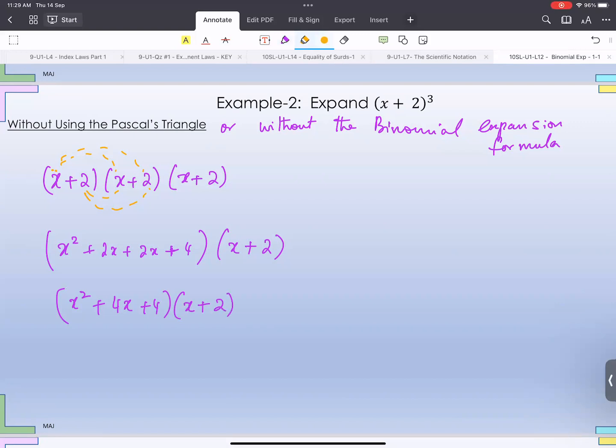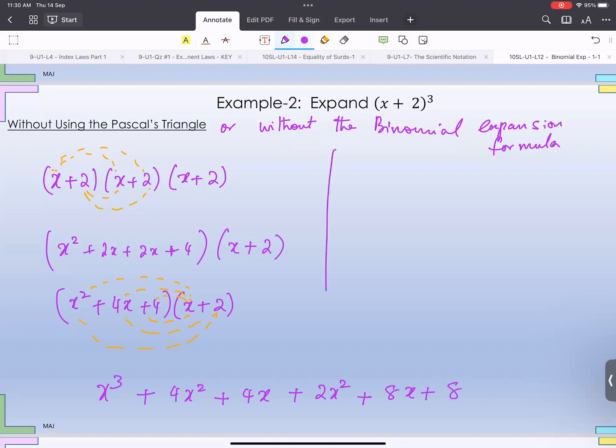And again, you multiply this in, okay? So that multiplied by that, and that, and then this multiplied by this, and this. So x times x squared is x cubed, and x times 4x is 4x squared, and then plus 4x plus 2x squared plus 8x plus 8.